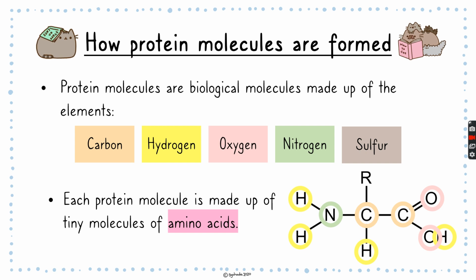Each protein molecule can be made up of thousands of amino acids and different kinds. Amino acids all have the same structure like this, but the difference is the radical group. In this radical group, it can make amino acids very unique. So sulfur can actually enter here, and then you can create one type of amino acid there. There's about 20 plus amino acids, I think, that are essential for human beings.